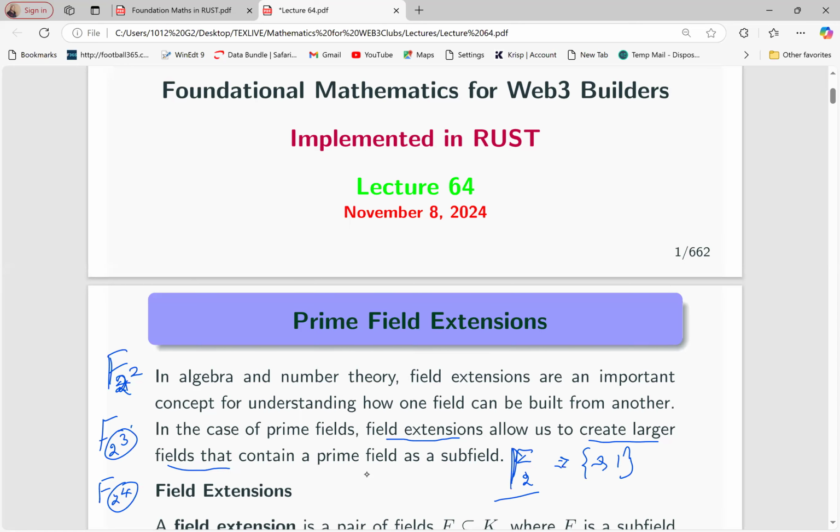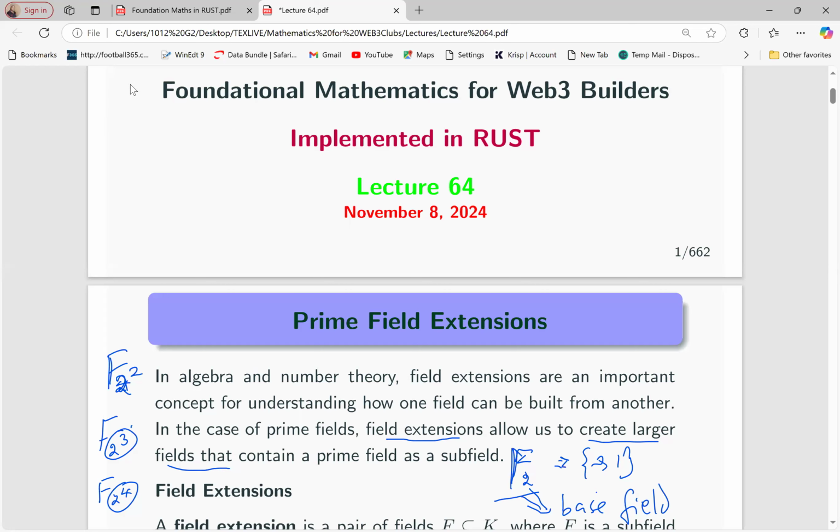So this we shall call the base field. This is the one that is given to us. Out of this, we create other fields, and those other fields, we shall call them extensions or field extensions.